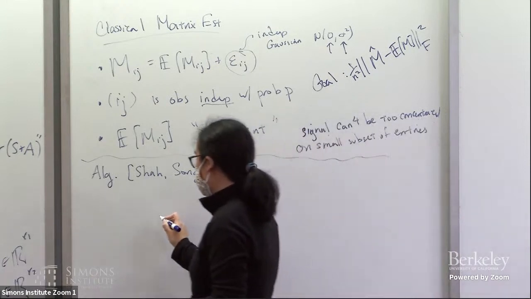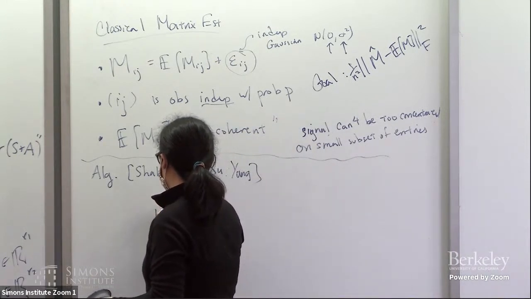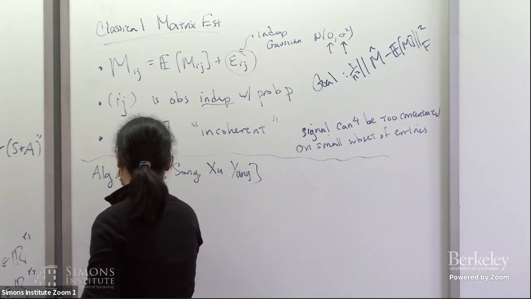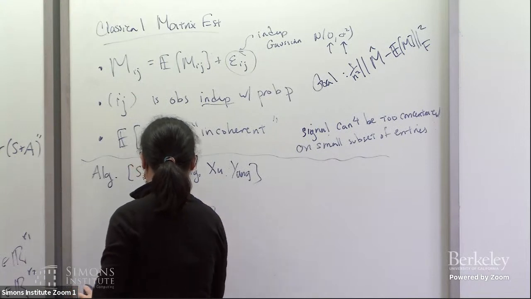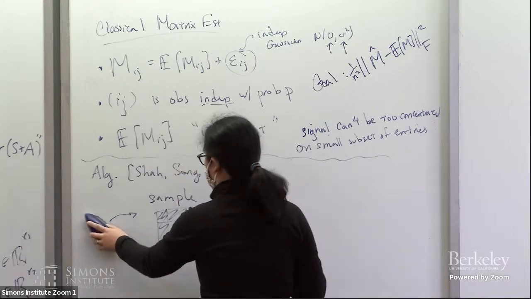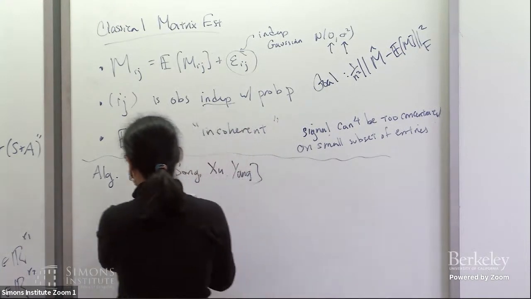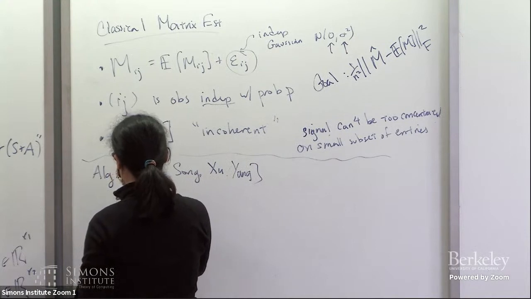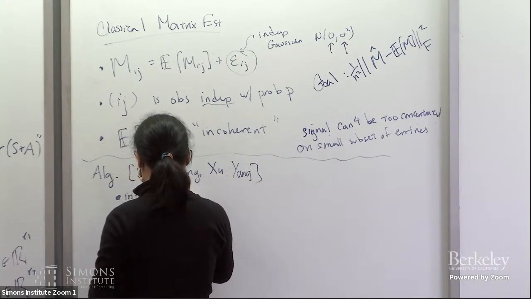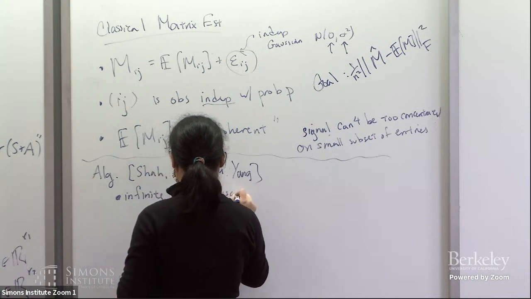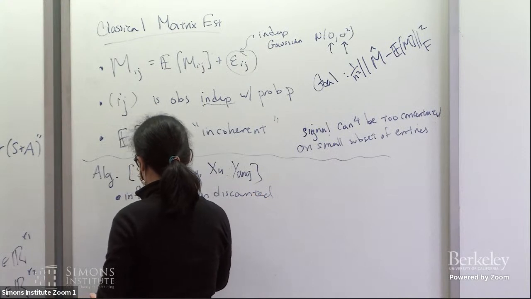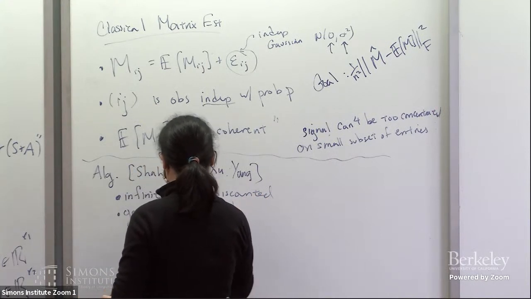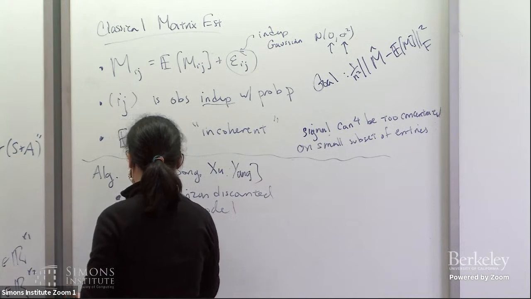And the algorithm goes like this. It's a loop. I'm going to give the tabular version of the algorithm. Actually, I should mention their algorithm is infinite horizon discounted, with a generative model, and Q star is low rank.